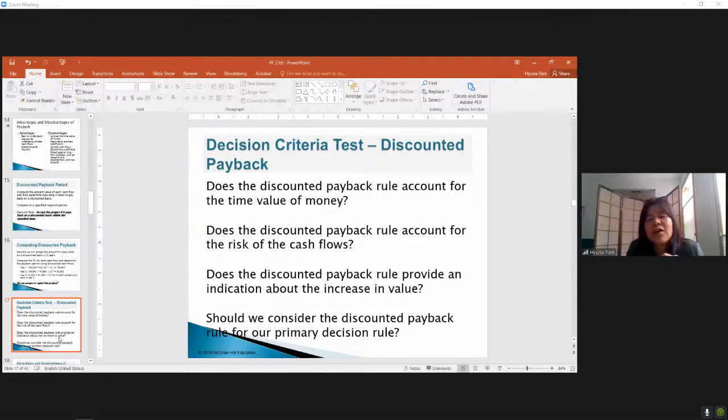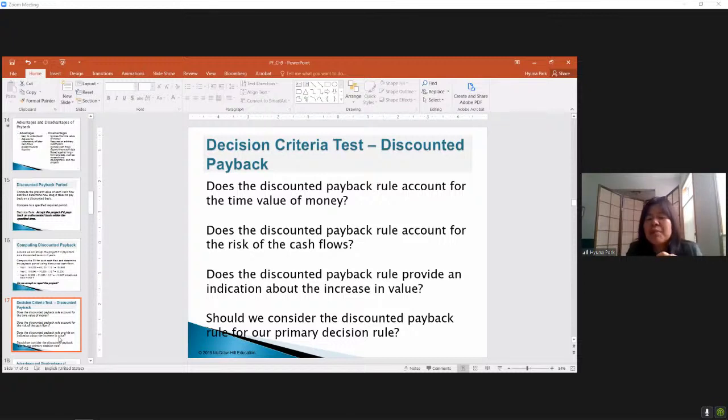Does the discounted payback rule account for the risk of the cash flow? Yes, actually yes, because we are using a risk-adjusted required return. So it's okay in terms of that risk component because we are using a discount rate based on the riskiness.